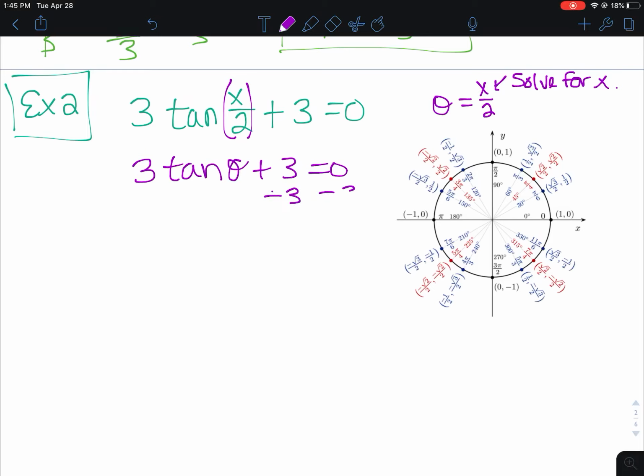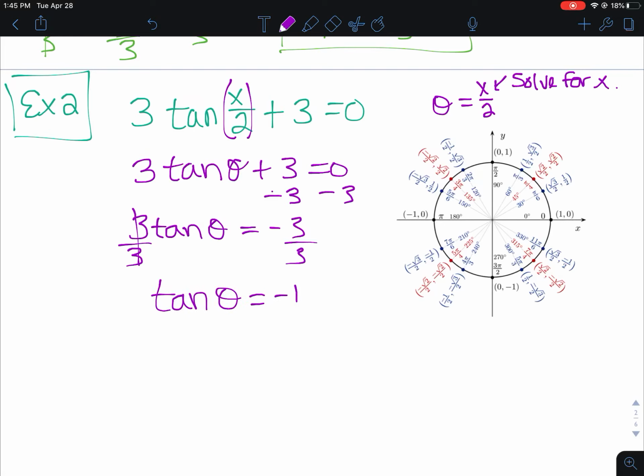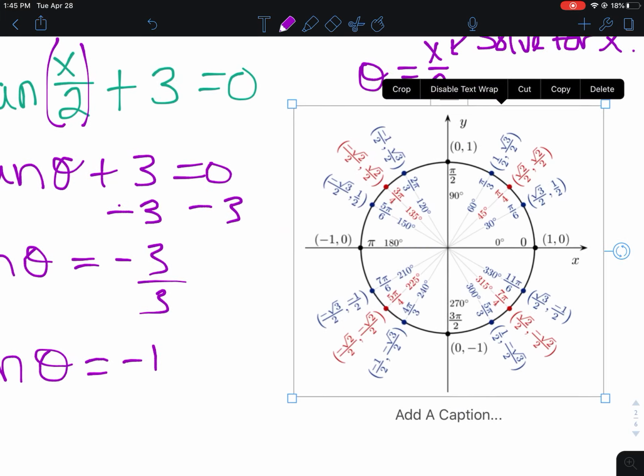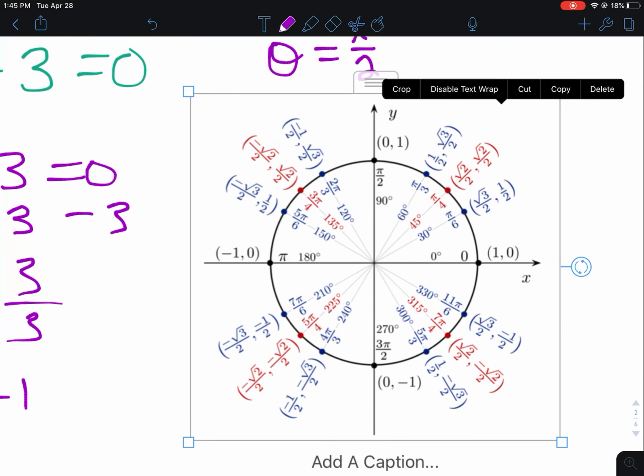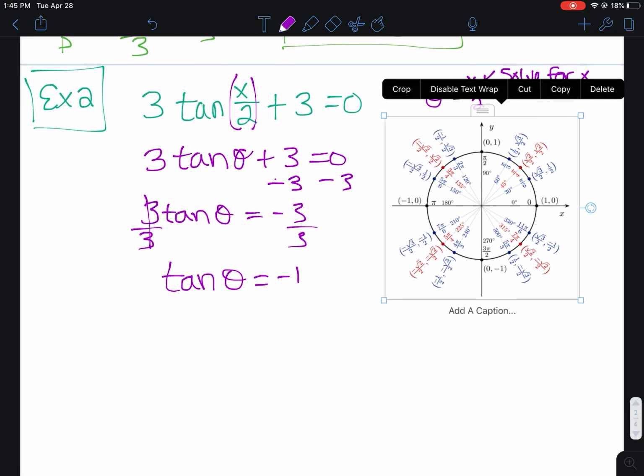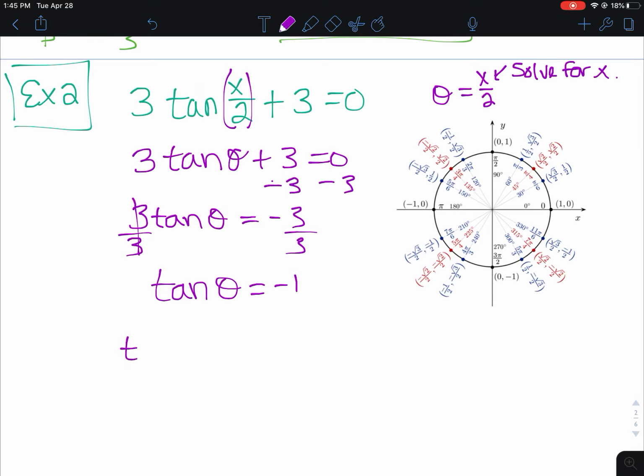Okay, so I'm going to isolate tangent. So 3 tangent theta is equal to -3 divided by 3. Tangent of theta is equal to -1. Okay, so if I were trying to solve for theta, I want to look on my unit circle and say, where is the tangent equal to -1?